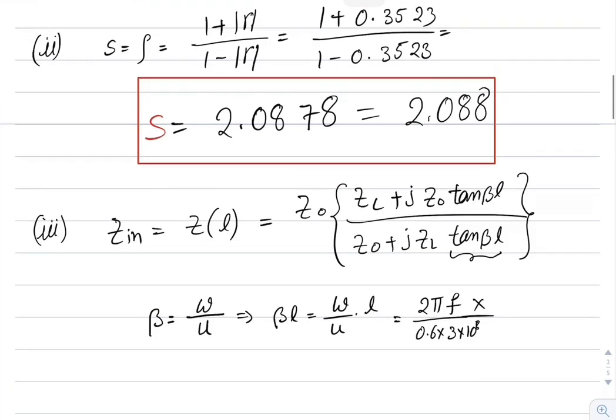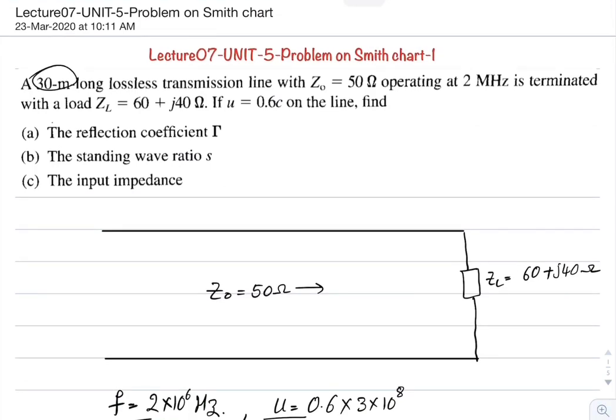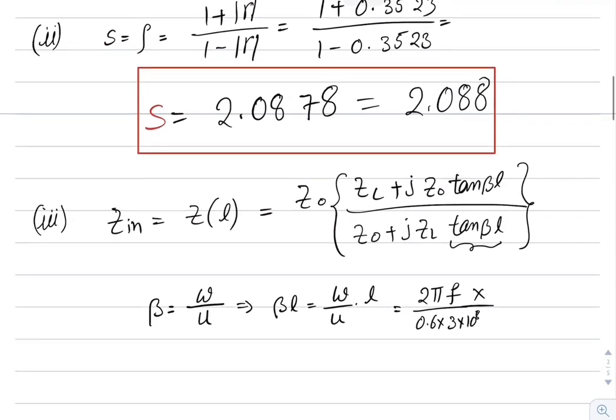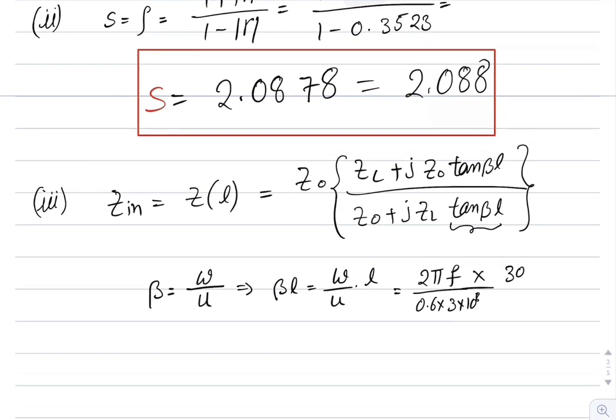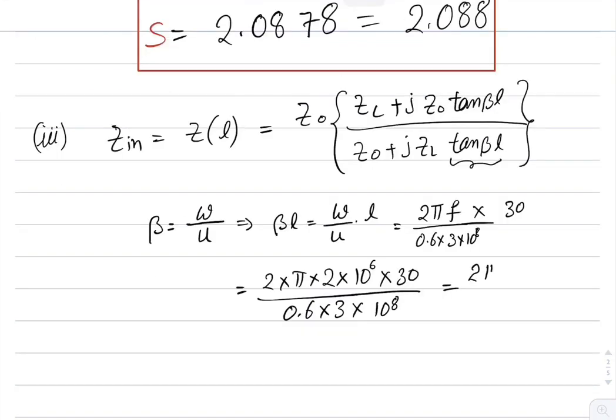Length of the transmission line is 30 meters. Therefore, 2 pi times 2 times 10 power 6 times 30 by 0.6 times 3 times 10 power 8, that is equal to 2 pi by 3, which is equal to, upon substituting the value of pi, 120 degrees.